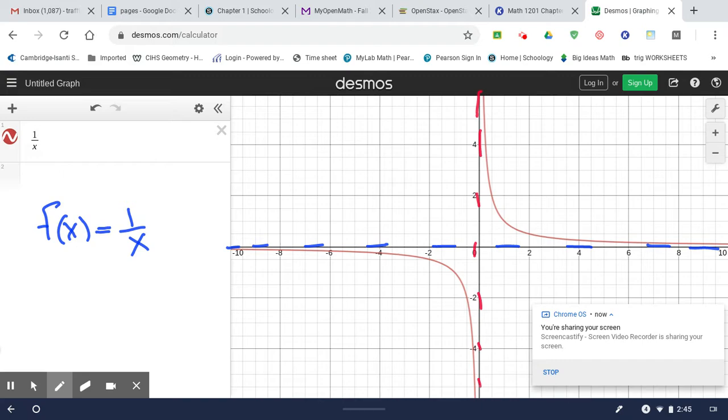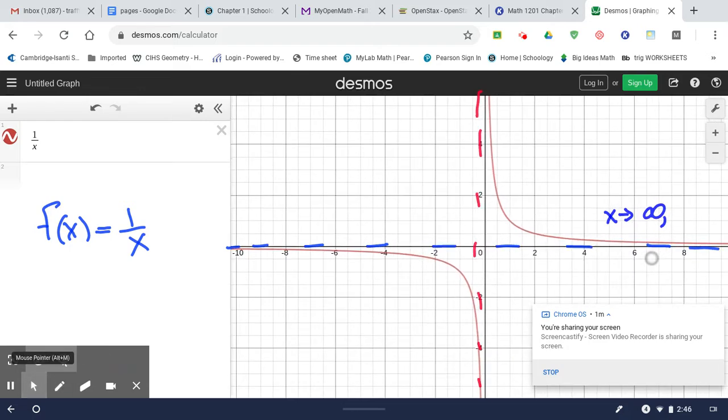And so first thing is just the idea of the notation. As x goes to infinity, so as x is approaching infinity, what is y doing? As x is going further and further, it gets bigger and bigger.